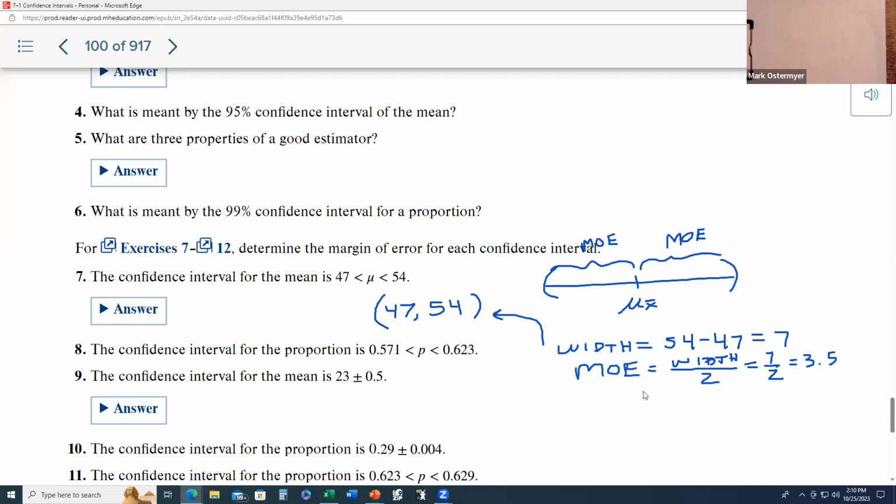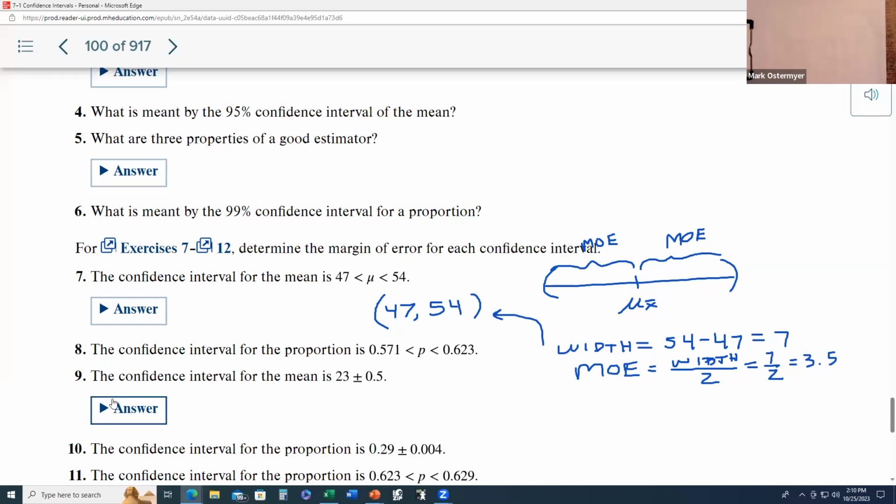What would be the margin of error there? 0.026. Yeah, it's taking the upper end point 0.623, subtracting off the lower end point 0.571, and dividing that by 2. So 0.026 would be the margin of error for that one there.